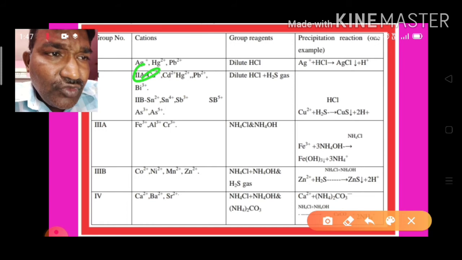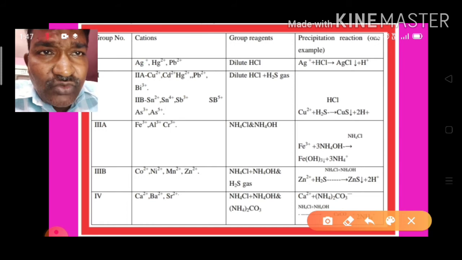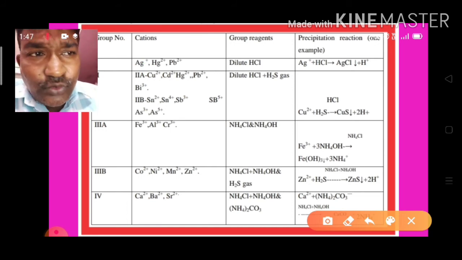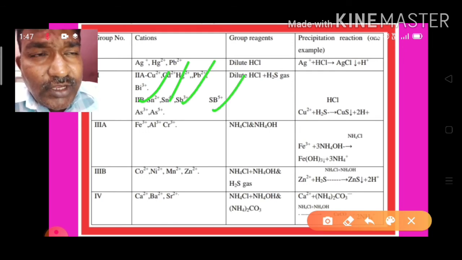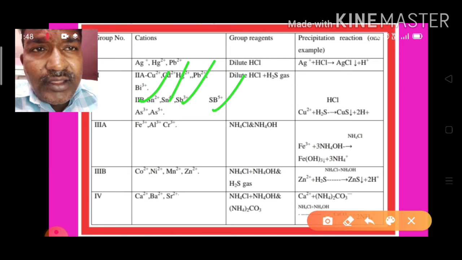Whereas in group 2B we have stannous Sn2+, stannic Sn4+, antimony 3+, antimony 5+, arsenous As3+, and As5+, arsenic.